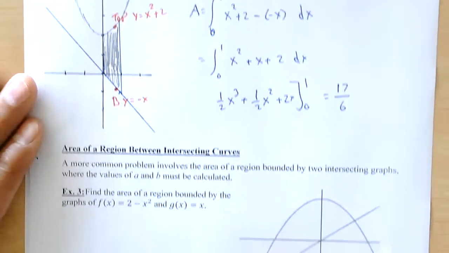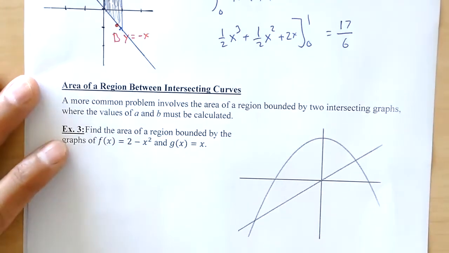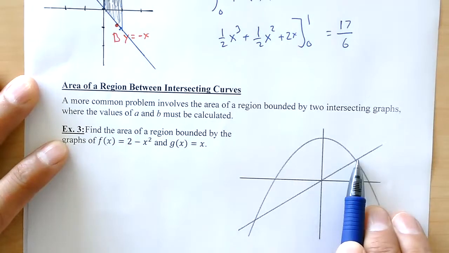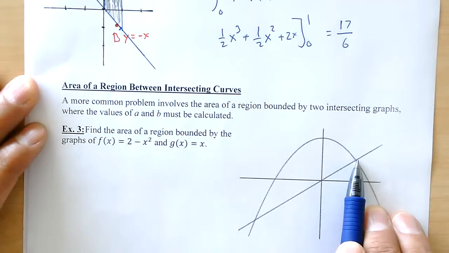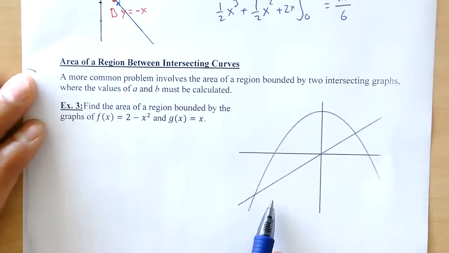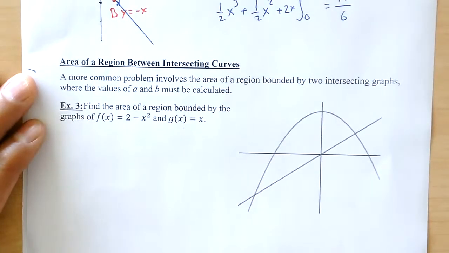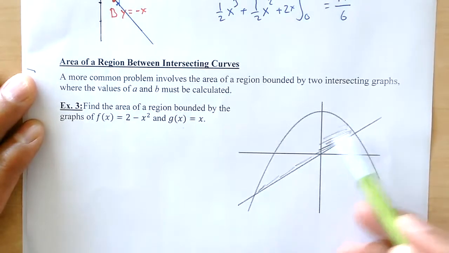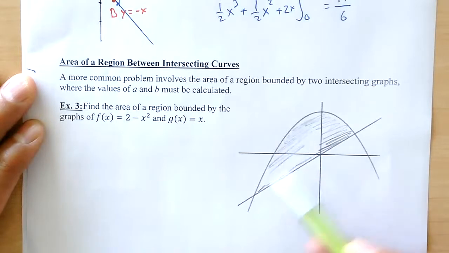Sometimes you're not given or you don't know the limits. If you're asked to find the area of that parabola and that line, I already graphed it, here it is. I'm asked to find this area right here. The problem is I don't know what those limits are.